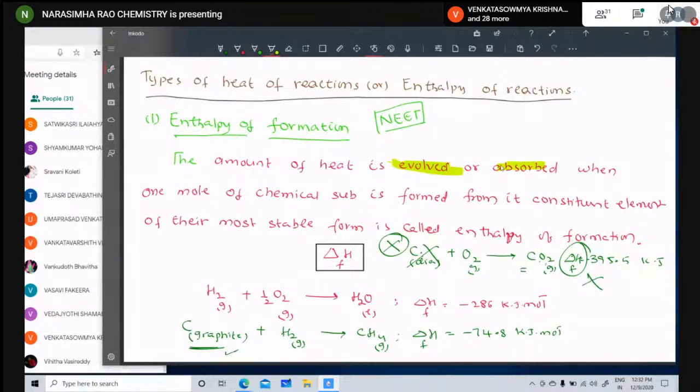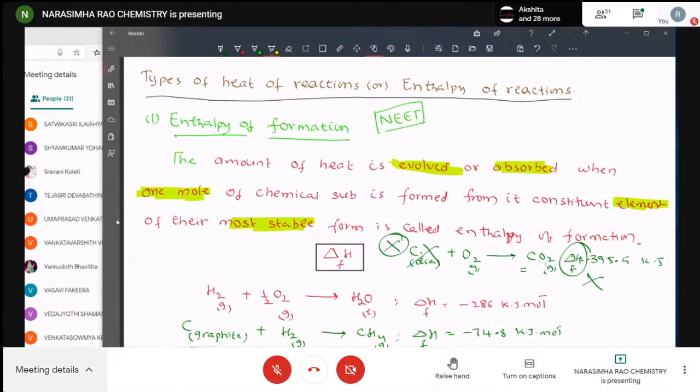Evolved or absorbed when 1 mole, compulsorily 1 mole, of chemical substance is formed from its constituent elements in their most stable form. These points are most important regarding this. Children, it's clear now? Yes, sir.